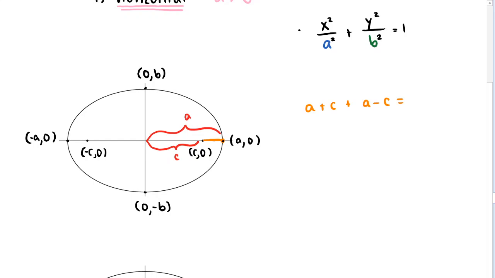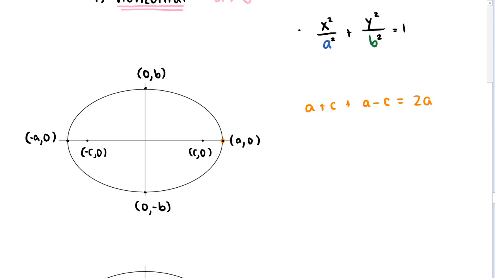In other words, we've got 2a, and c minus c comes out to be 0. So 2a is the sum of the distances between any point on this ellipse and the foci.